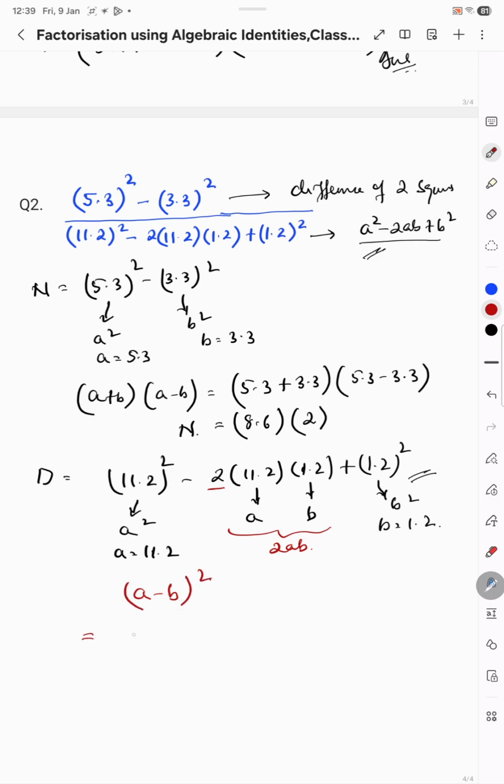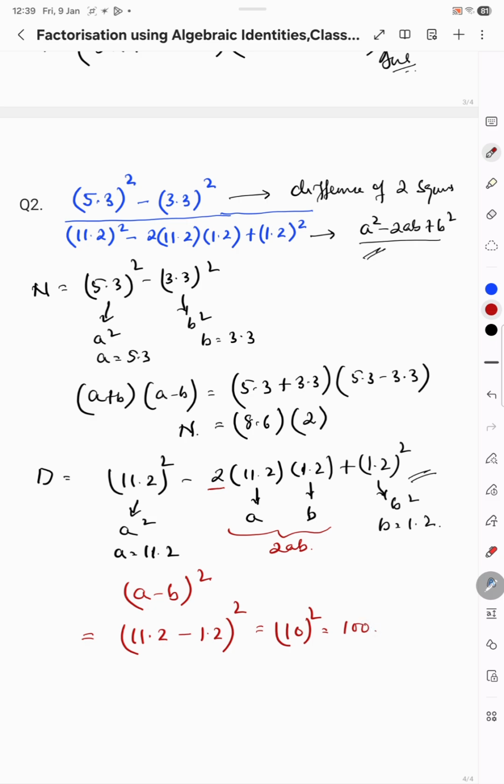So now what I can write is 11.2, which is my A, minus B is 1.2 whole square. So this will become 11.2 minus 1.2. This is basically 10 whole square, which is equal to 100.